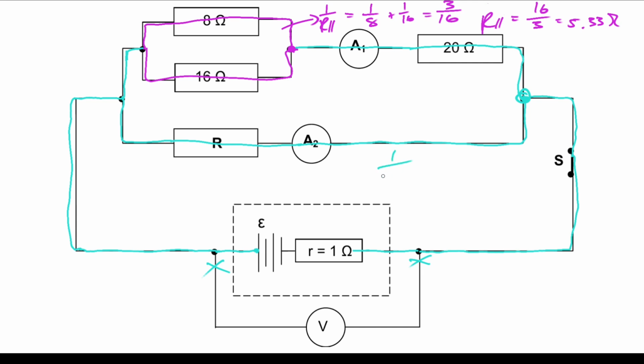It would simply be 1 over R parallel equals 1 over R, which we don't know, plus 1 over that 5.33, plus 20. And now, unfortunately, we can't complete this question because we have 2 unknowns. Oh, by the way, this is the November 2015 paper.